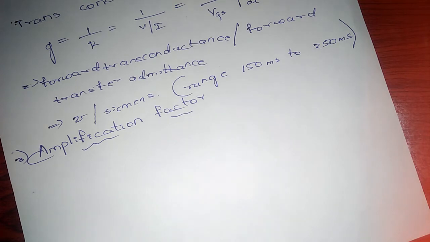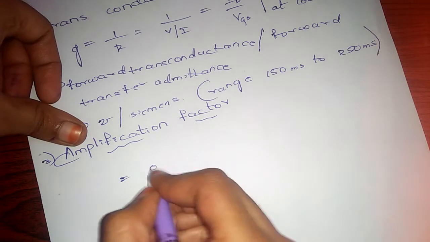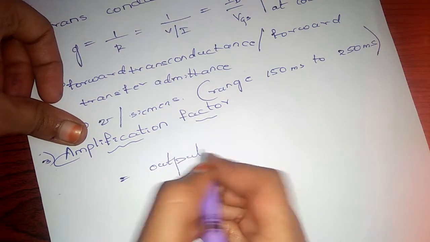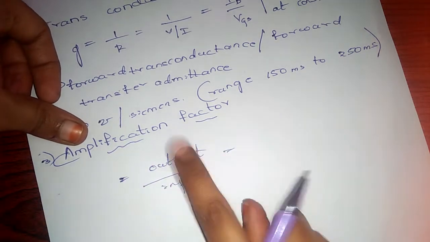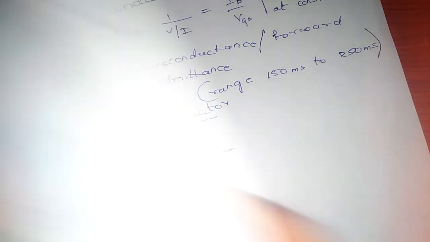And the next, amplification factor. It comes under gain. So what is the gain? Output by input. Here the output voltage that we are giving is VDS.